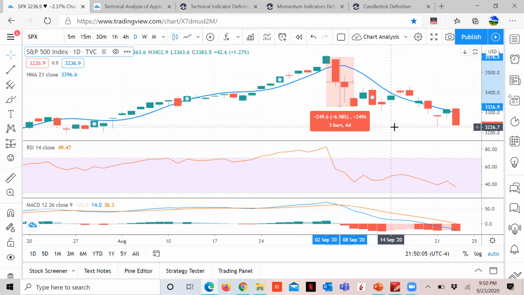Can you see that? Yes. And where did the descent start? At an RSI of 82, well above overbought territory, right?